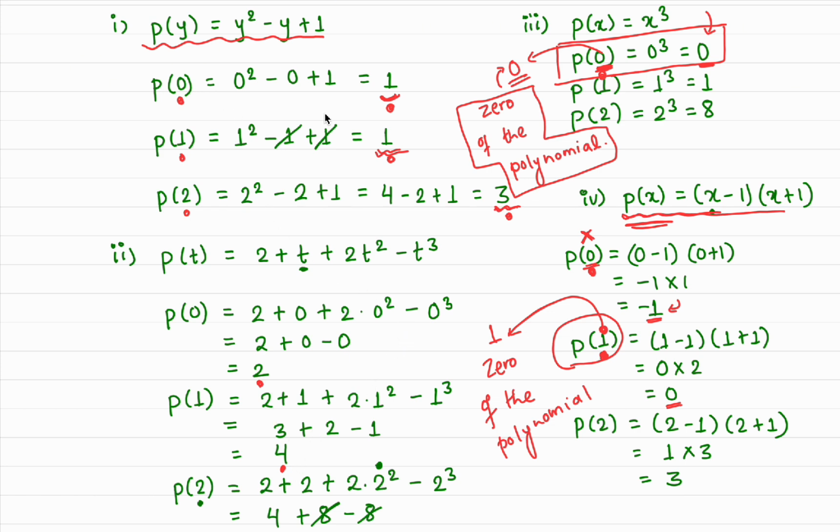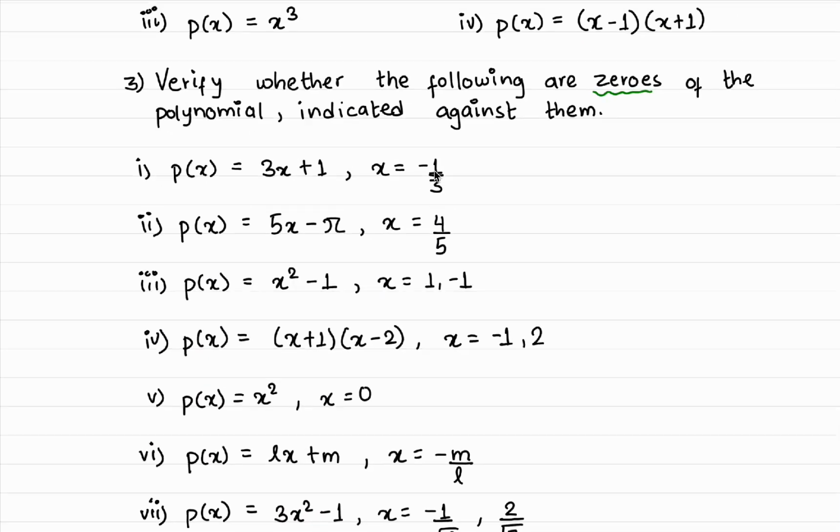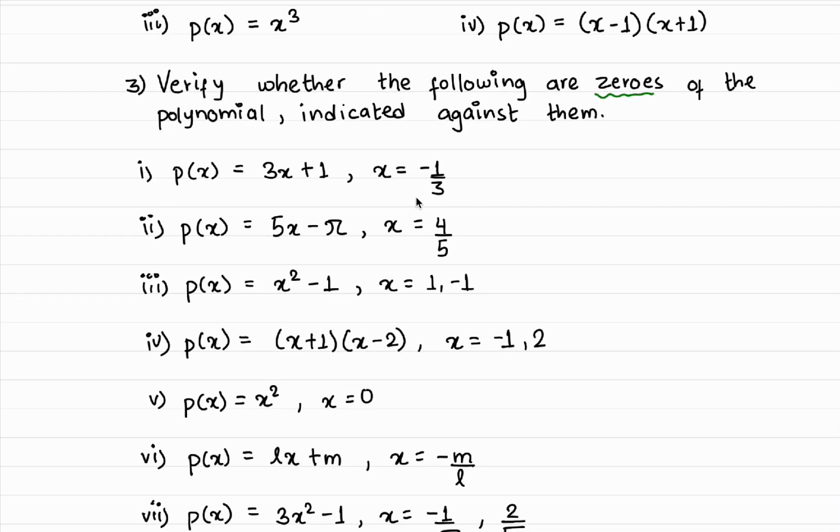If you put a number over here and you get your answer as 0, then the number that you put in here is the zero of the polynomial. Now let's see in our question number 3, we have to check whether these particular numbers are zeros of the given polynomials.